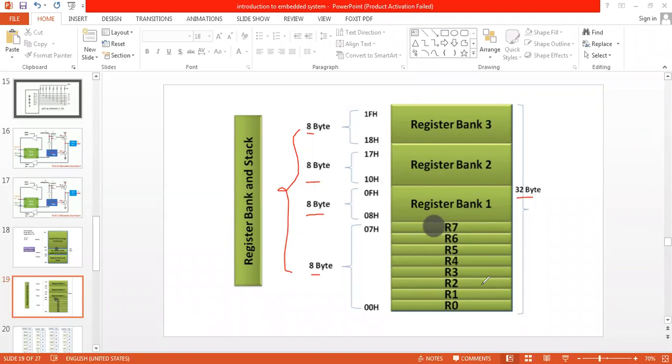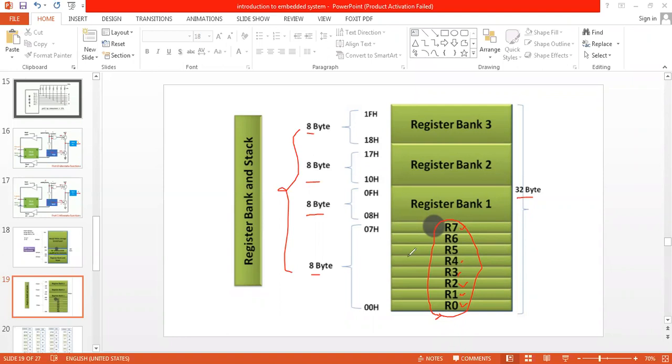So here in 8051, I have 8 general purpose registers. The names of those 8 general purpose registers are R0, R1, R2, R3, R4, R5, R6, and R7. Total 8 registers are there. Now, what is a register bank?